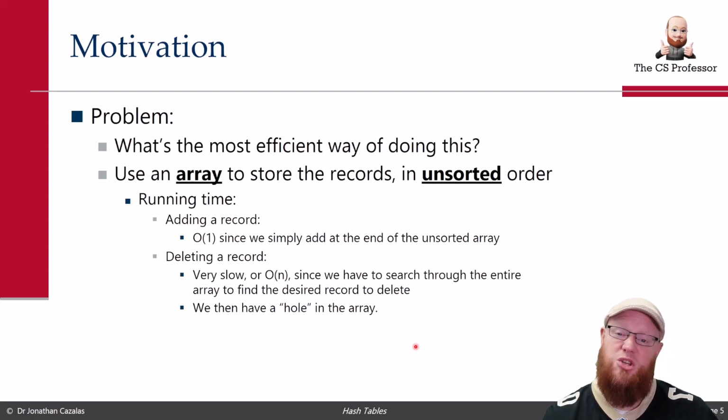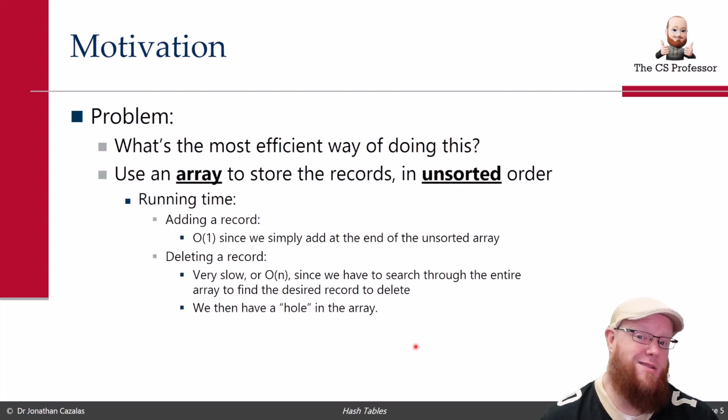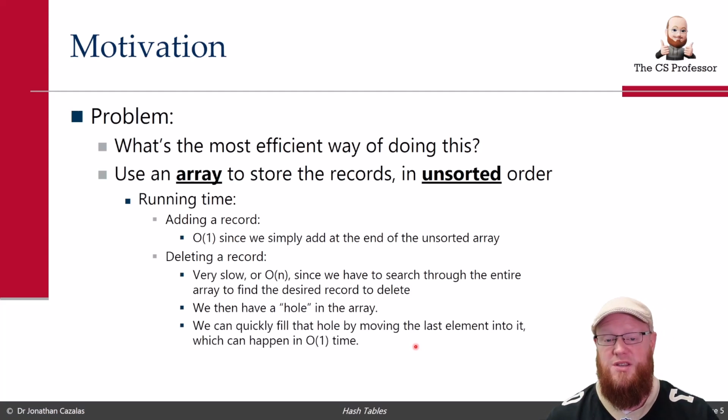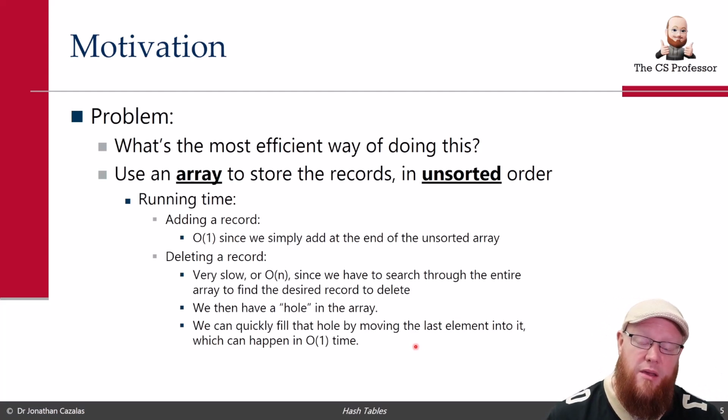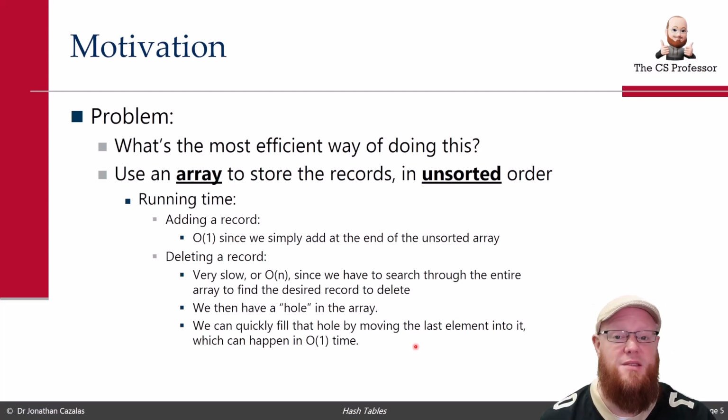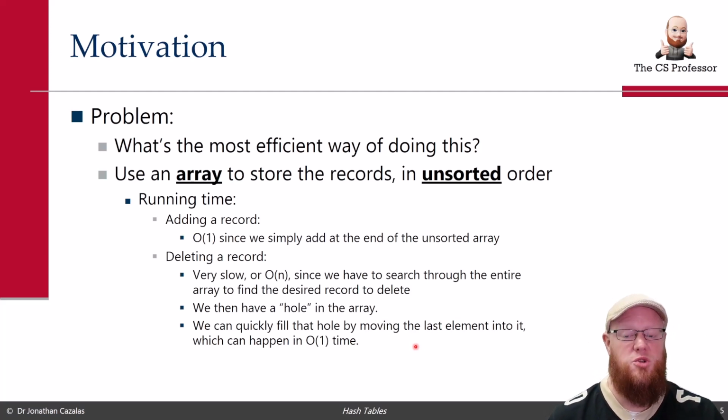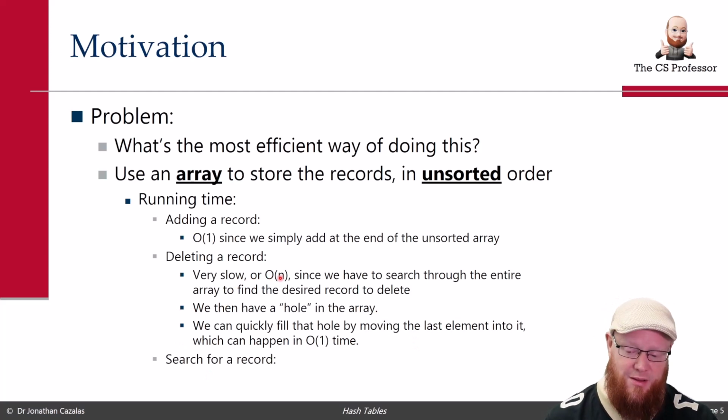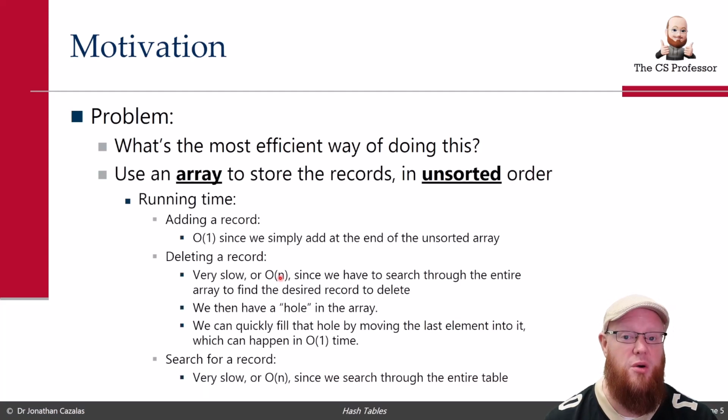You could think, I need to shift everything back, but actually you can do a slight improvement. Since it's not sorted, you could just take the person at the end of the array and put them into that hole position, which would happen in O of 1 time. But in the end, we're still left with this O of n search to find the person we would like to delete. Now, searching for a record is also just O of n.